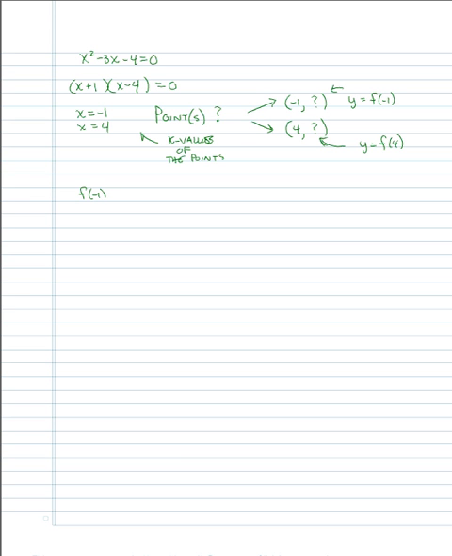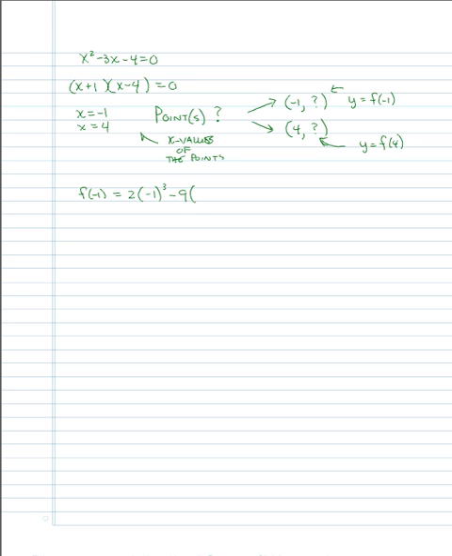F of -1, if you go back and look at the original function, is 2 times x cubed, so that'd be -1 cubed, minus 9. Now this is the original function, not the derivative. We're looking for points on the graph of the function, not points on the derivative.